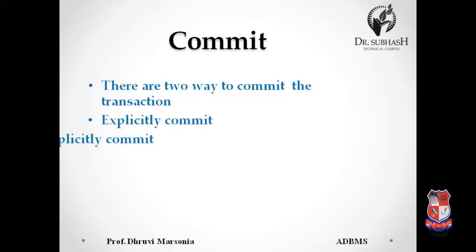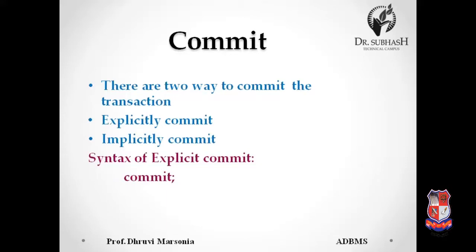There are 2 ways of commit available in database transactions: explicit commit or implicit commit. Explicit commit is done by the user and implicit commit is done by Oracle itself. For the syntax of explicit commit, just complete your whole work and at last type commit at the SQL prompt. The output is commit completed. This is an example of explicit commit.